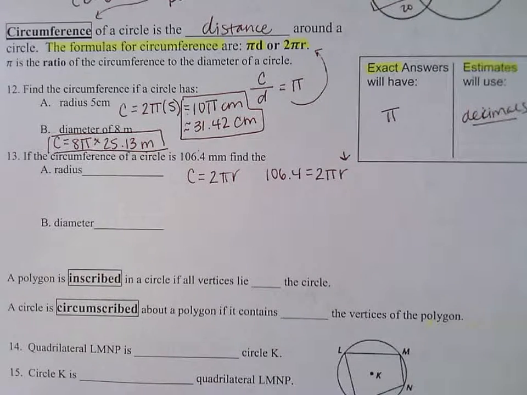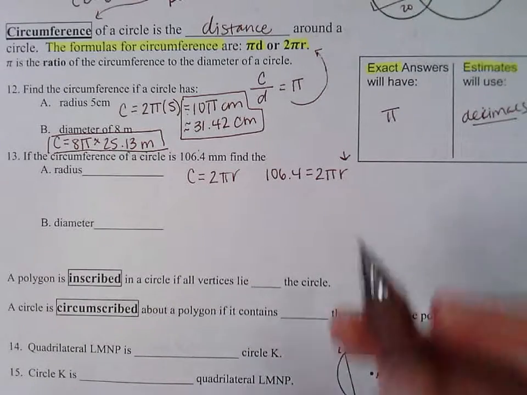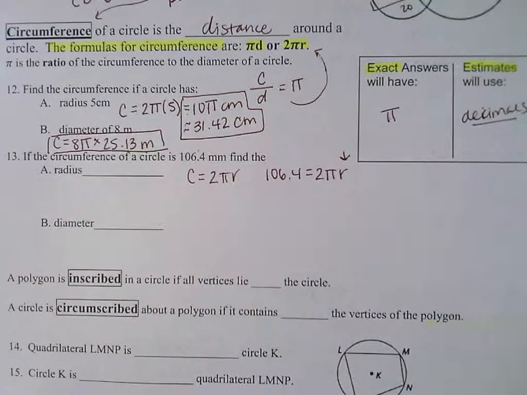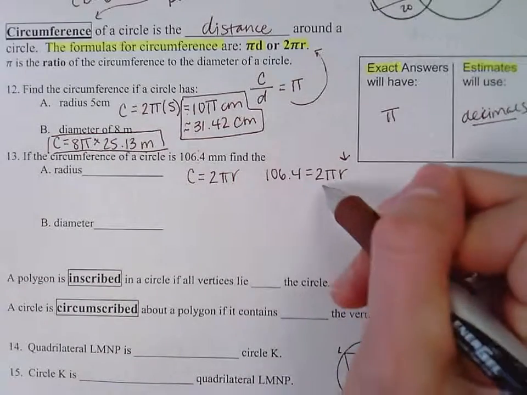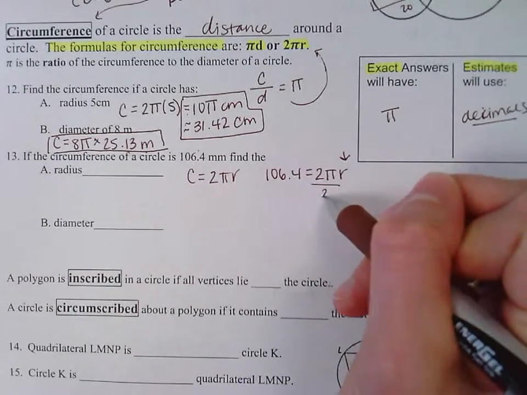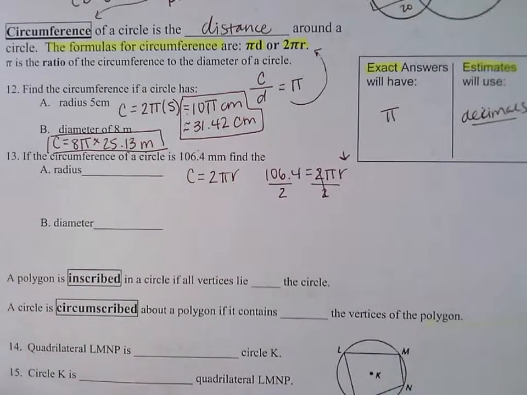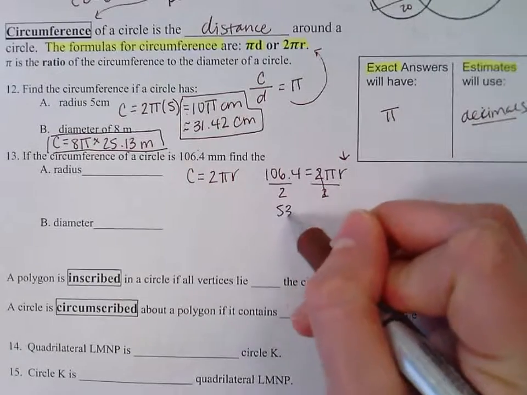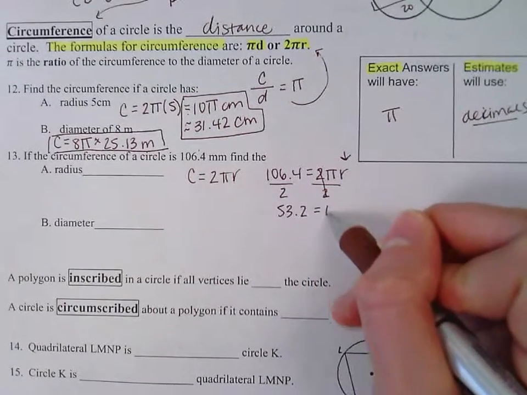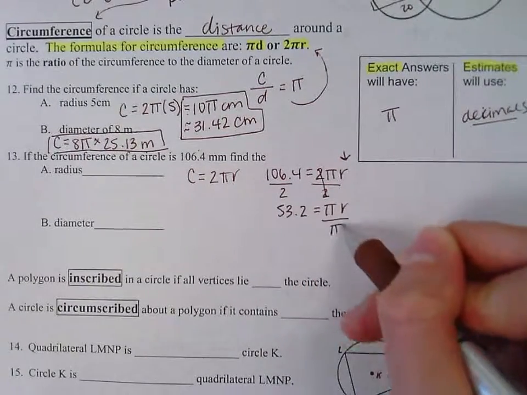You can divide by 2 pi at the same time, but you have to be careful how you type it in your calculator. So it might actually be easier and give you less issues with getting the wrong answer if you divide by them separately. So say you divide by 2 first, so that would be 53.2 equals pi r, and then divide by pi.